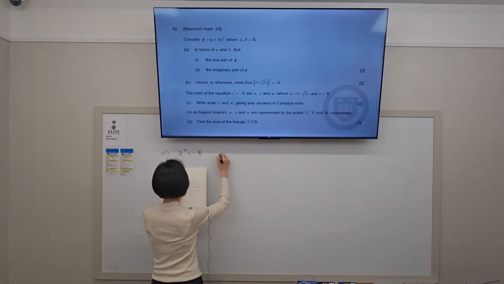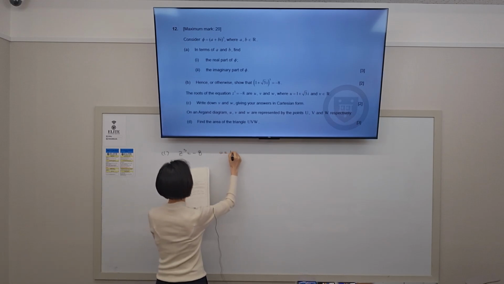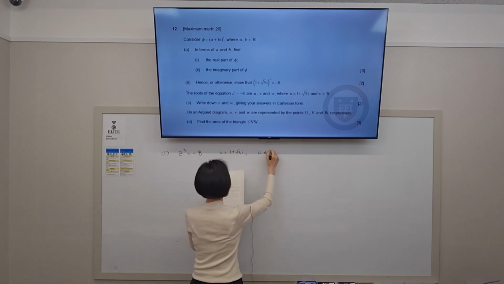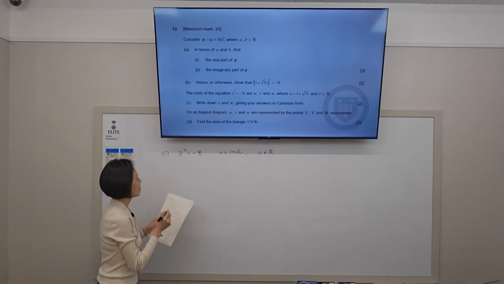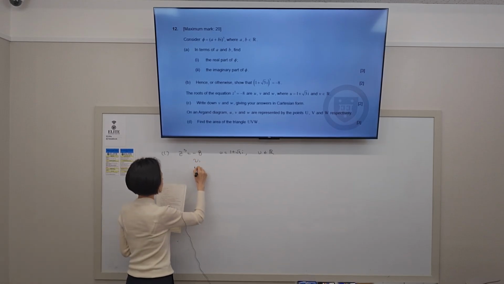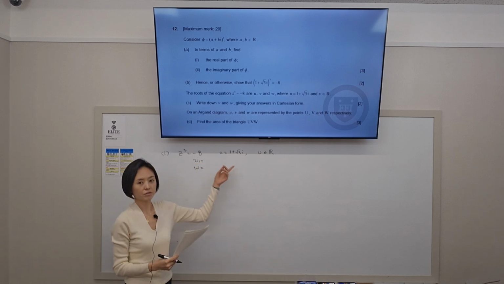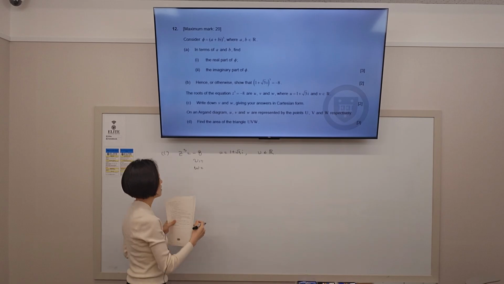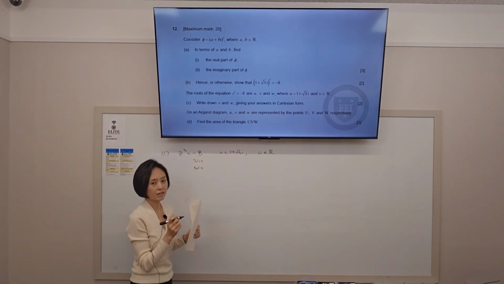Part C: the roots of z to the power of 3 equal to negative 8. You need to find v and w, given u equal to 1 plus root 3i and v is a real number. If 1 plus root 3i is a root, then its conjugate is a root as well, so 1 minus root 3i is a root.